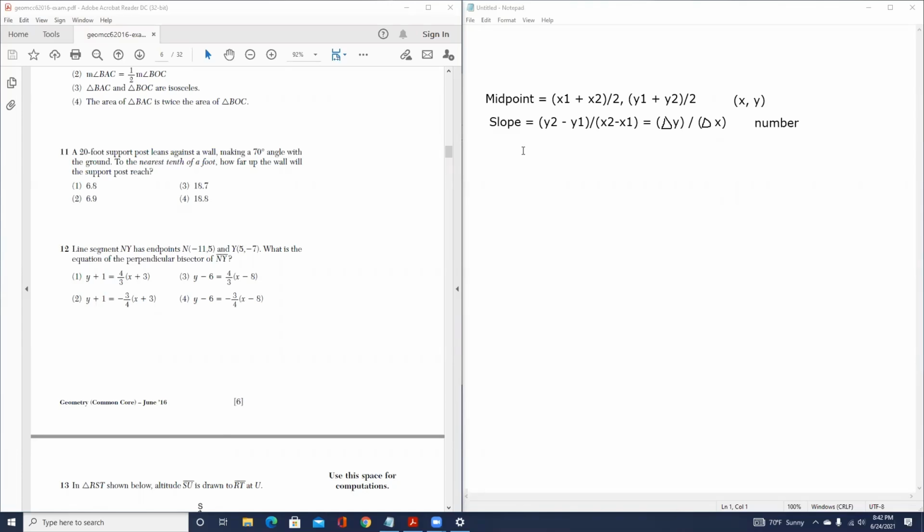And we need the slope because the slope of the bisector is the negative reciprocal of the slope of line segment NY. So let's do our calculating.